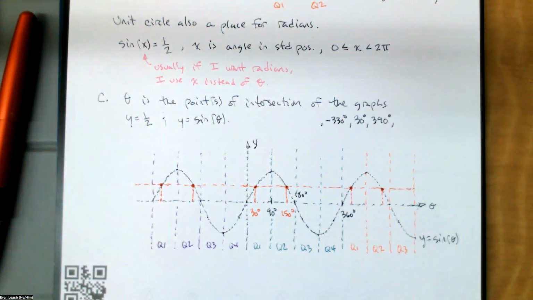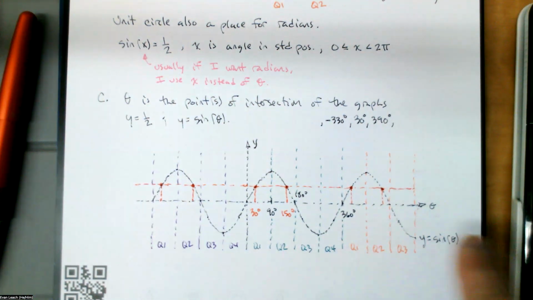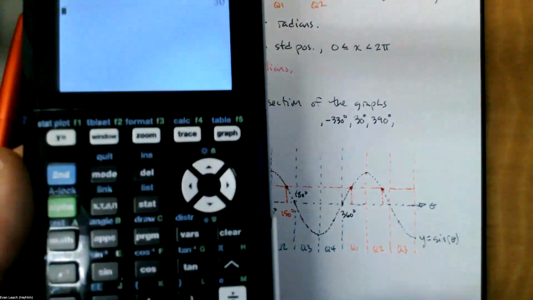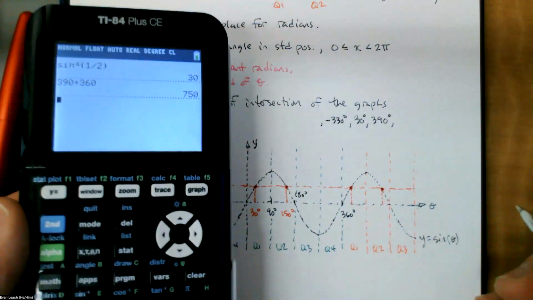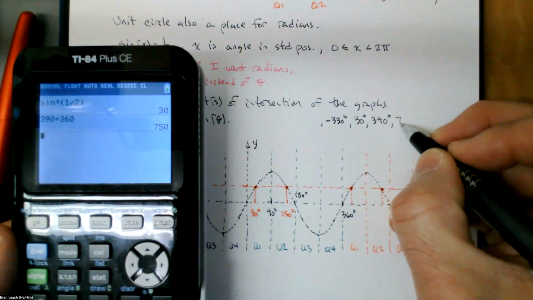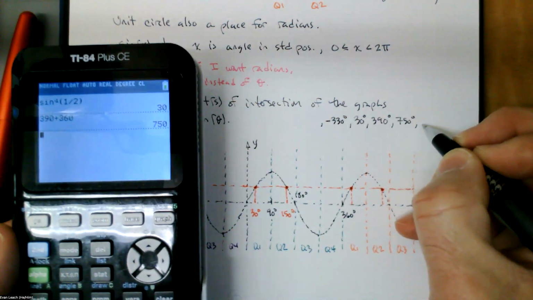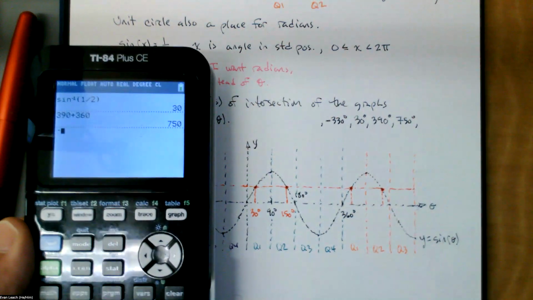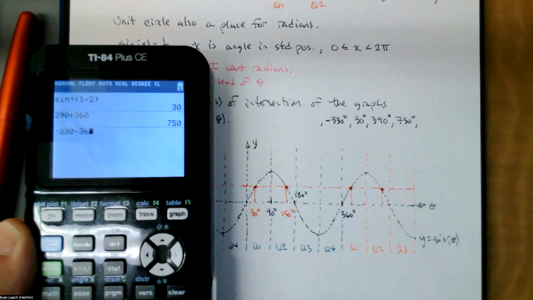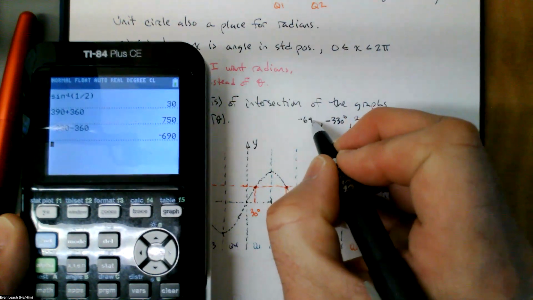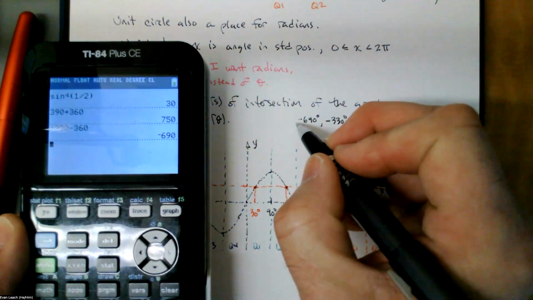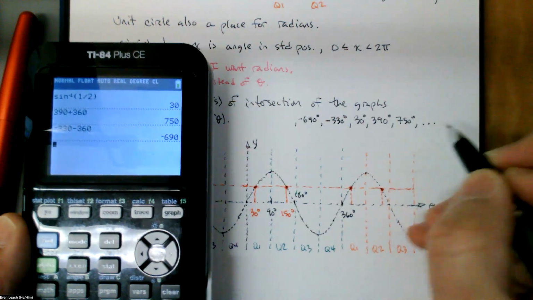And after 390, although we can't see it on this graph, if we take 390 and add another 360, we get 750. And before negative 330, if we subtract off a full circle, we get negative 690. And this will go on forever in both directions.